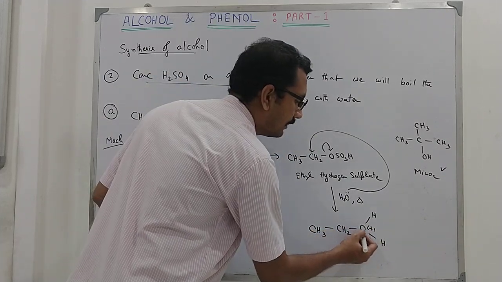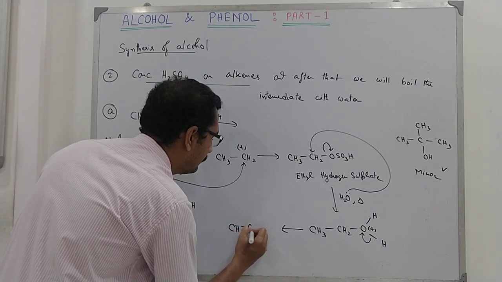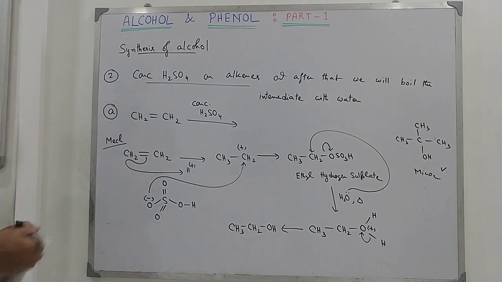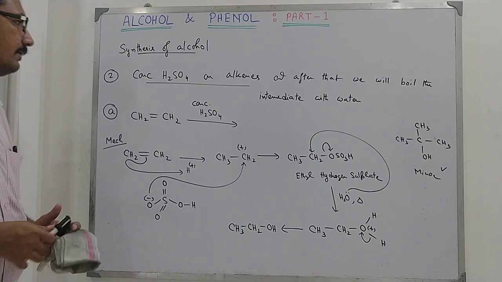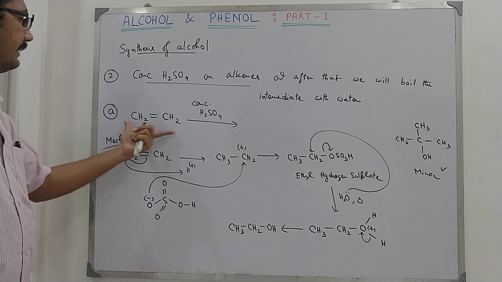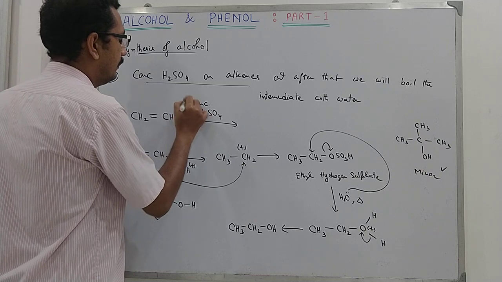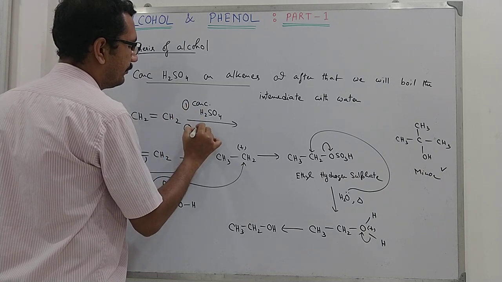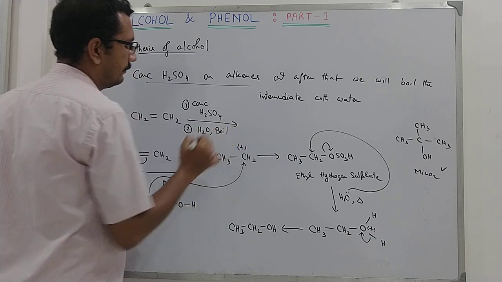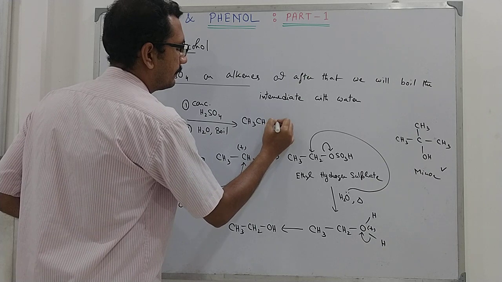Now deprotonation will result and we will finally have this alcohol. So this is the mechanism. So first we have to treat the alkenes with concentrated H2SO4. Then we have to boil it with water. Then the product is obtained.